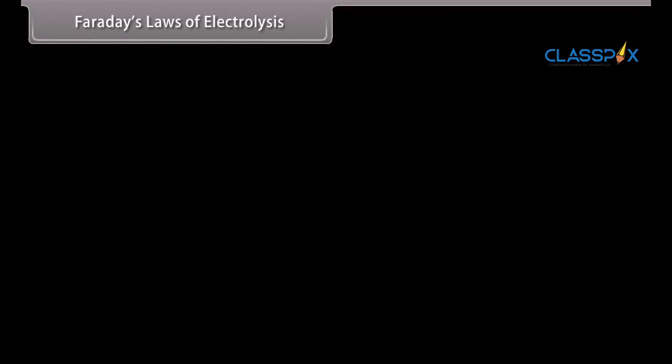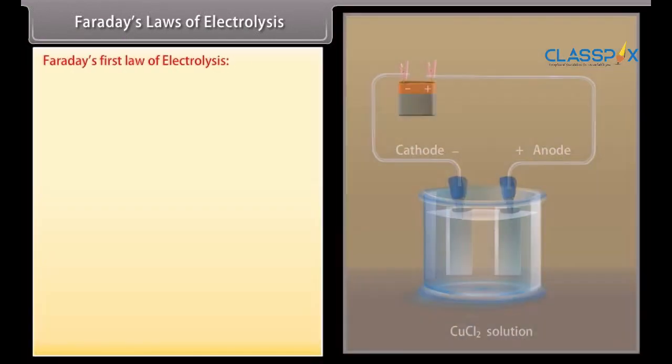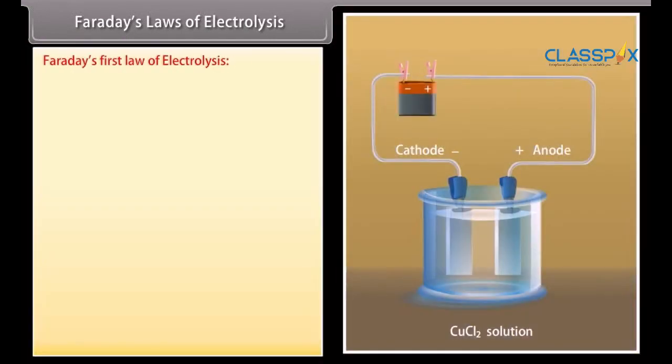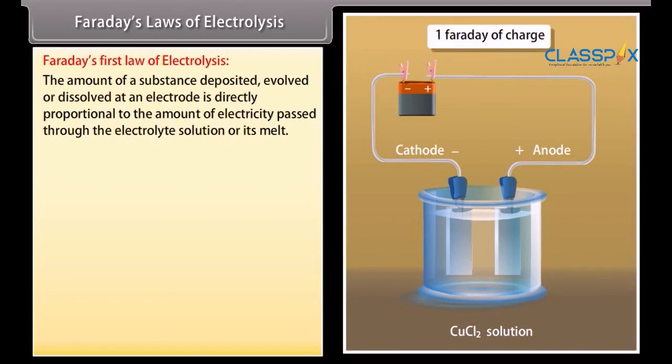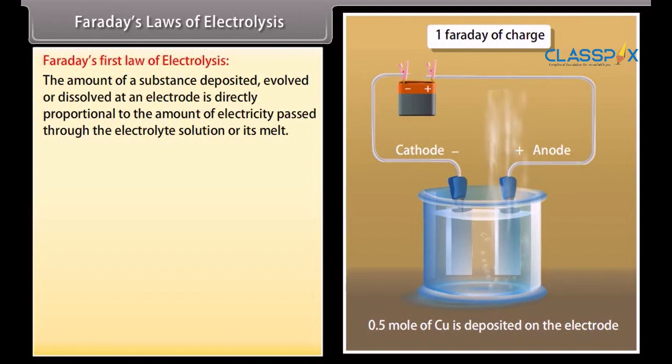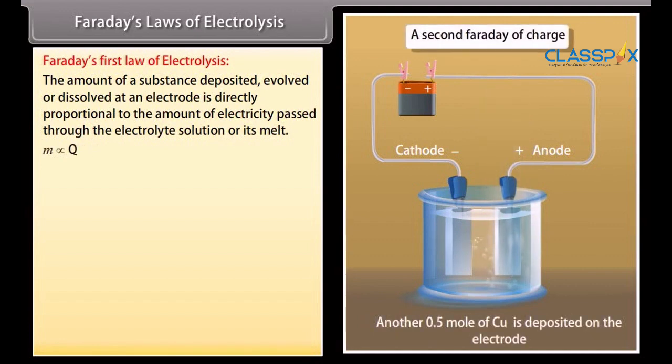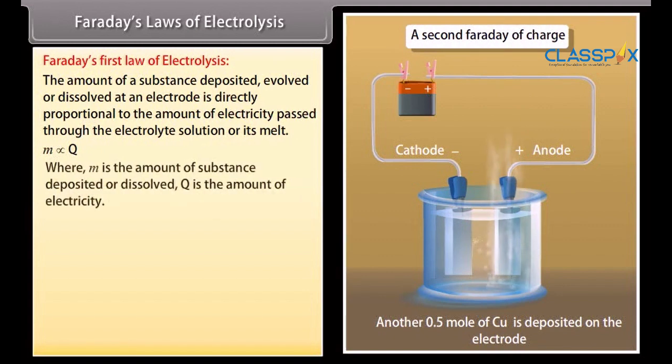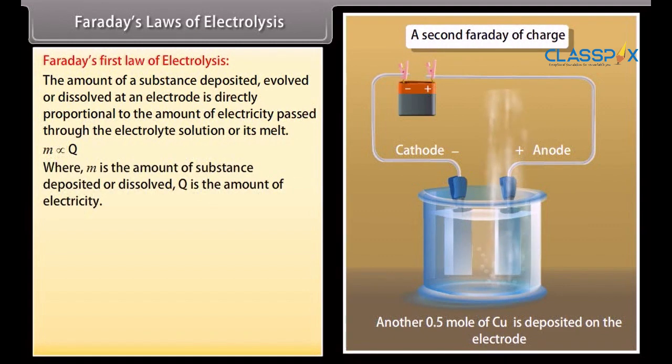Faraday's laws of electrolysis. Faraday's first law of electrolysis. The amount of a substance deposited, evolved or dissolved at an electrode is directly proportional to the amount of electricity passed through the electrolyte solution or its melt. M is directly proportional to Q, where M is the amount of substance deposited or dissolved.